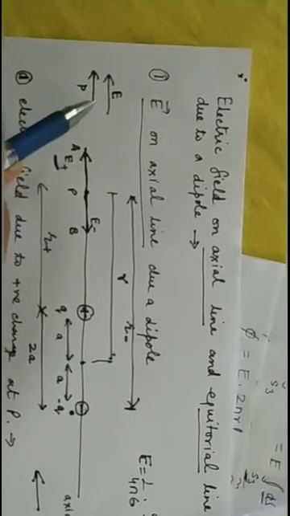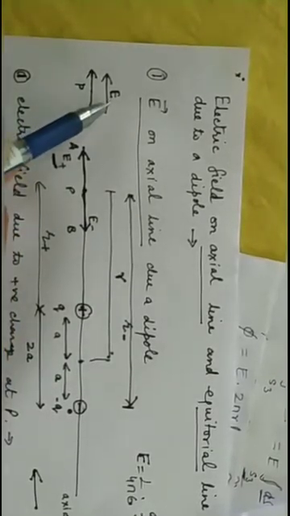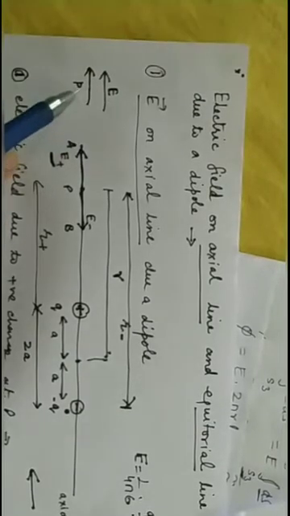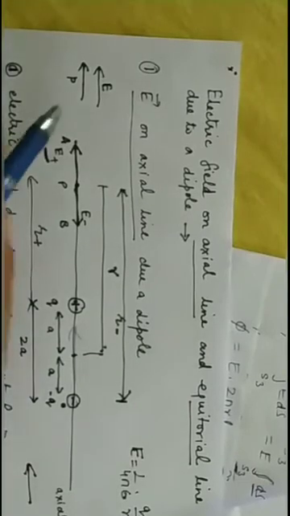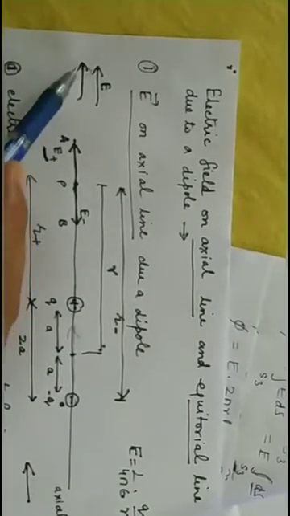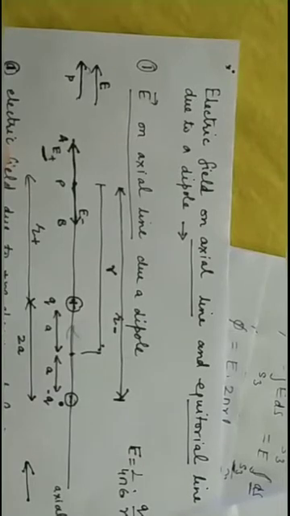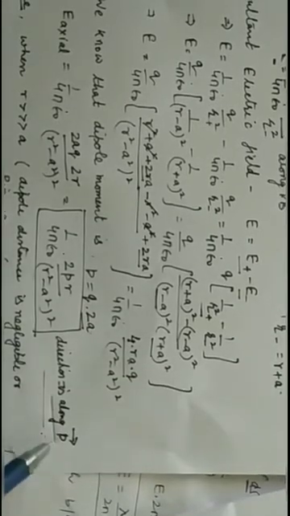So the direction of resultant electric field is given by this arrow, and the direction of dipole moment is from negative to positive, so that is also along this direction. Both are in the same direction. So we can say that the direction of electric field on the axial line is along the direction of dipole moment.